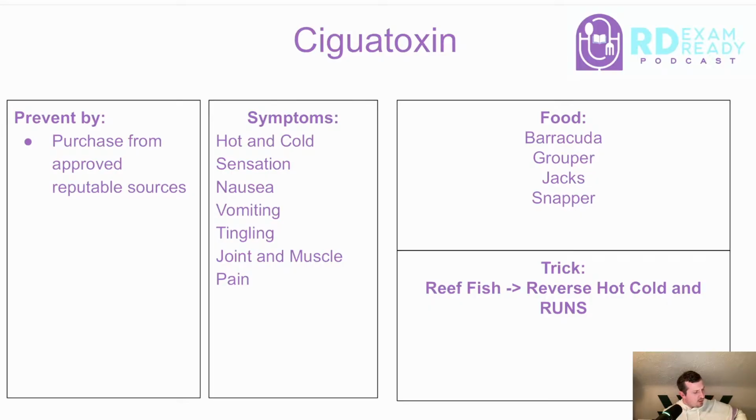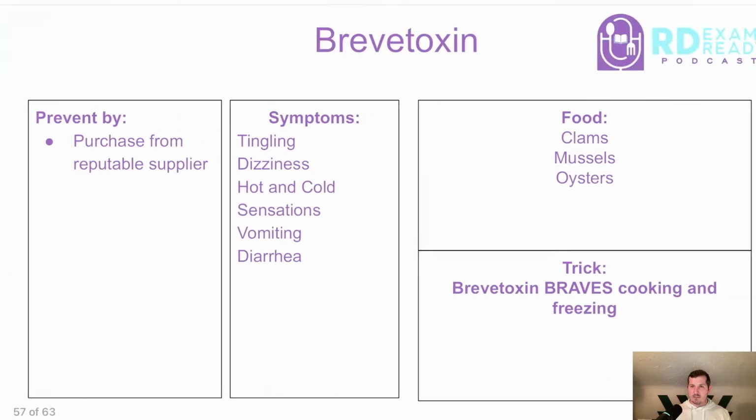No, diarrhea isn't really a symptom that we have listed here for Shiga toxin. So for the runs, maybe we just forget about that for right now. But it said reef fish, and we think of reverse hot and cold. Okay? So think of reverse hot and cold is what you'll see for that one there. Shiga toxin, those predatory fishies.